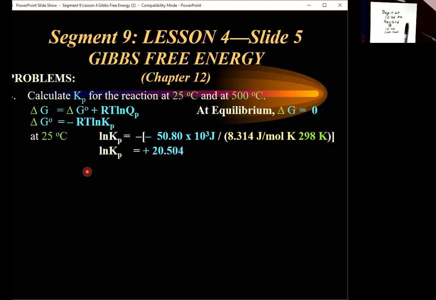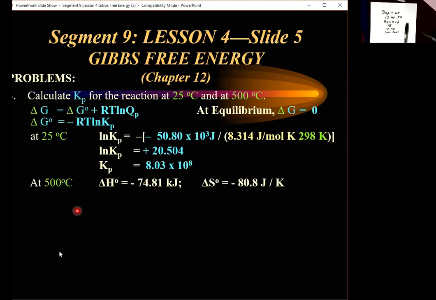And if we evaluate that, we get the ln of Kp is plus 20.504. If I raise both sides to the e power, that means that Kp is e to the 20.504, which is 8.03 times 10 to the 8th. That's a fairly nice equilibrium constant, even at 25 degrees.